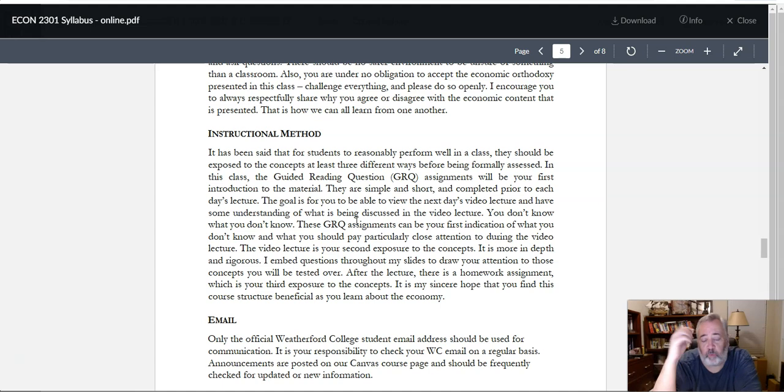And one of the things I learned in this research was that for students to reasonably expect a student to perform well on an exam about material they've never heard of before, they recommend that they be exposed to these concepts at least 3 different times, right?